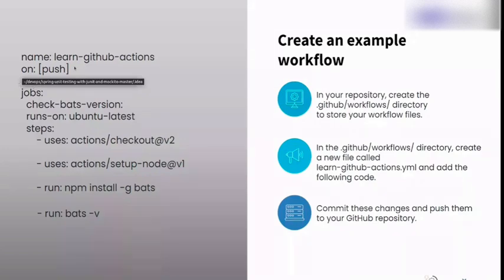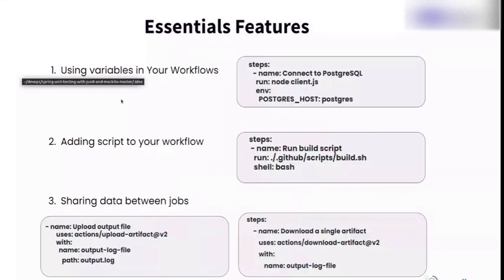So whenever a push event occurs for that particular branch, your workflow will start executing, and whatever jobs you have specified there will get executed. So this is the very basic example of how exactly we can create our workflow. So what are the different essential features of GitHub Actions whenever we use GitHub Actions?